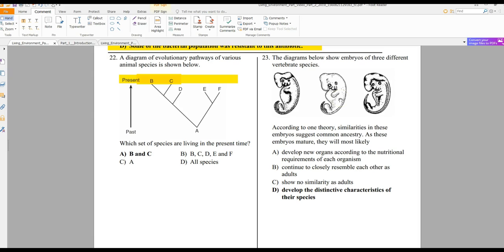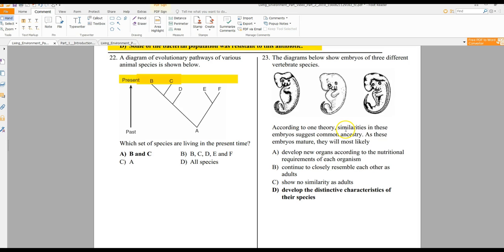So let's say you're 15 years old, 15 years ago and 8 months ago, you looked like this, and you had a tail, and so did a chicken embryo, and so did a dolphin embryo. And scientists theorize that we must have a common ancestor if we look so similar when we're embryos. Let's read the question.